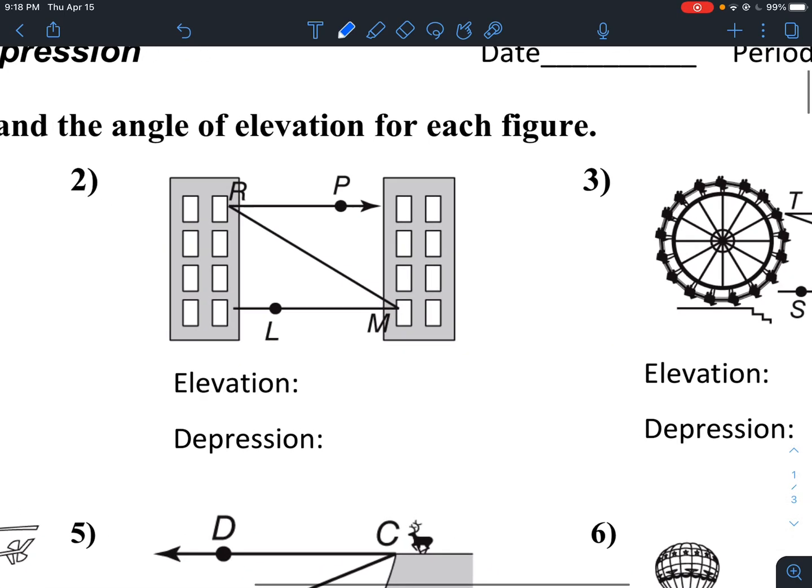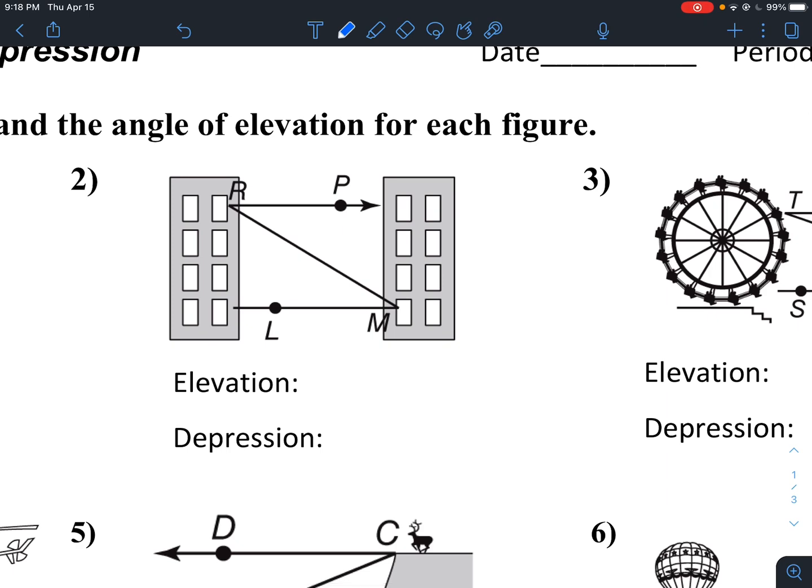Right here in this figure, between two buildings, we have these sets of windows. We want to find the angles of elevation and depression from these windows. Here you can see we have an angle of elevation, and this would be your angle of depression.